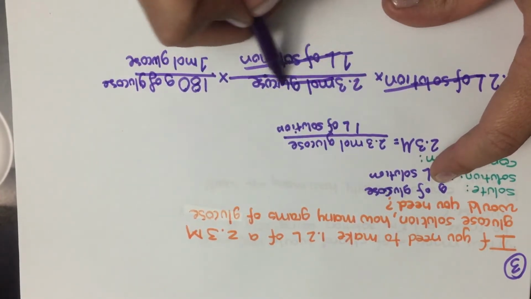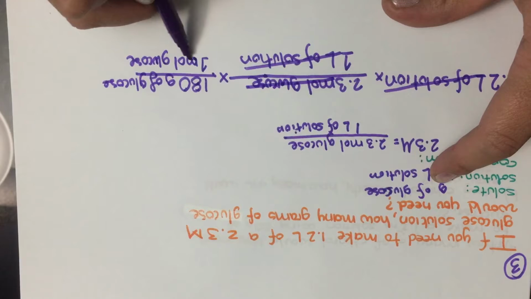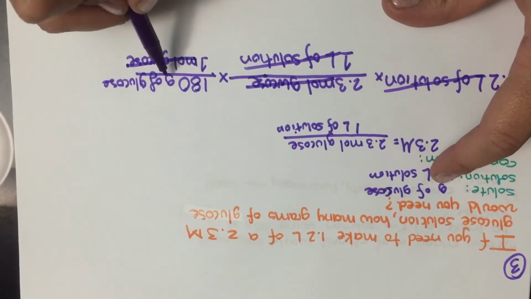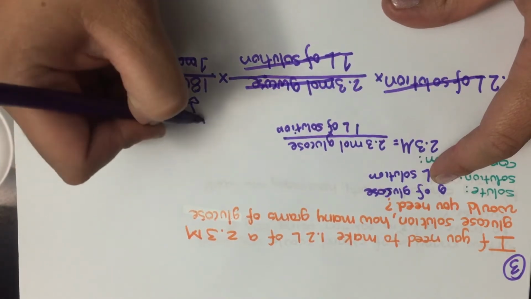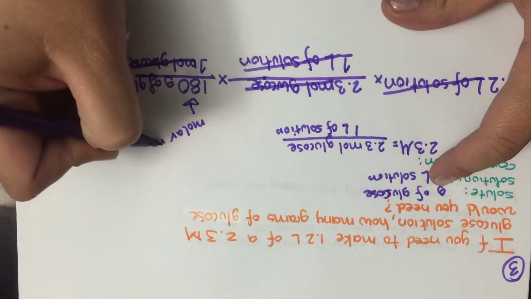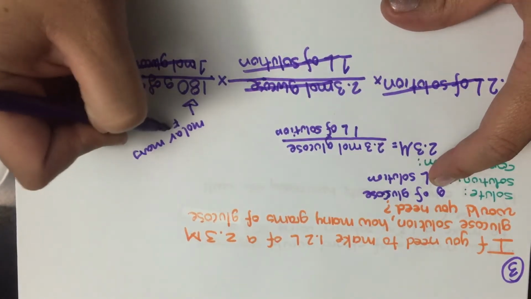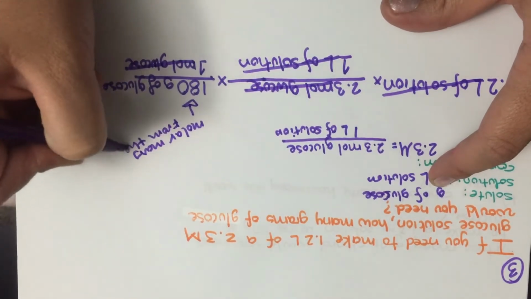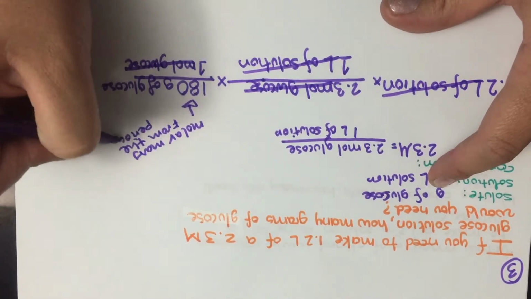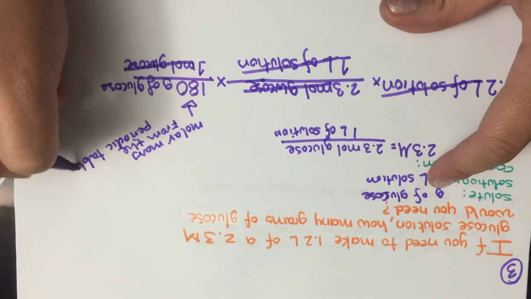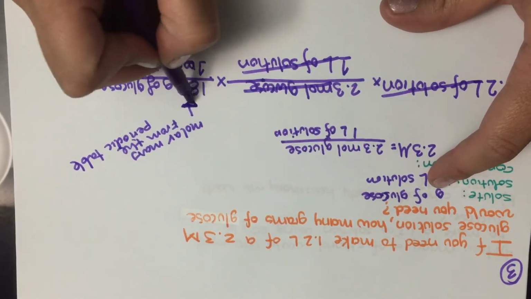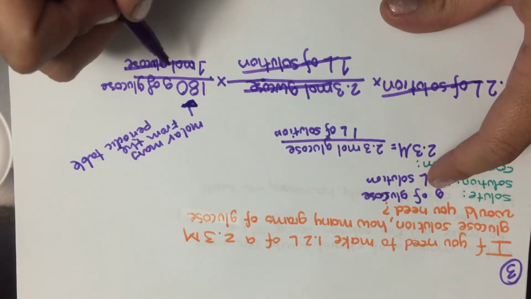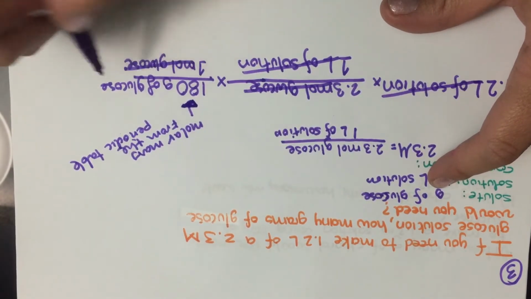Alrighty, so we're going to cancel this out. Cancel this out. Okay, so you end up with grams of glucose. Remember, this is the molar mass from the periodic table. Okay, so here in this case we googled it, okay, and we got that it's 180 grams of glucose.